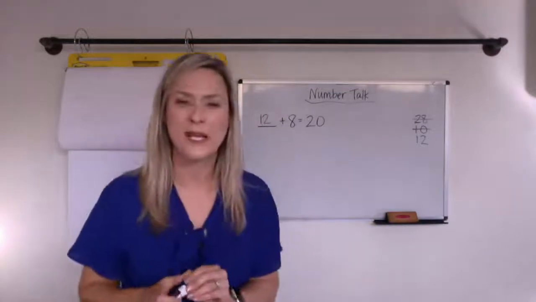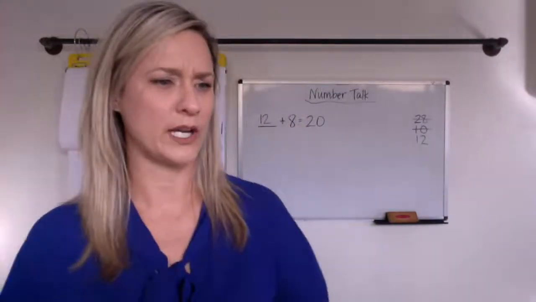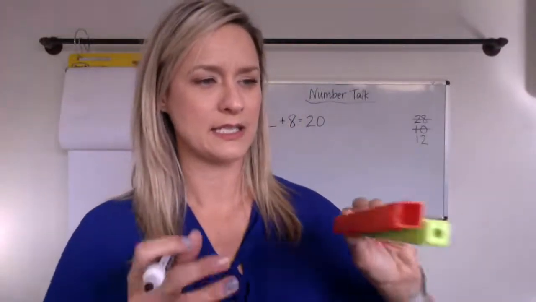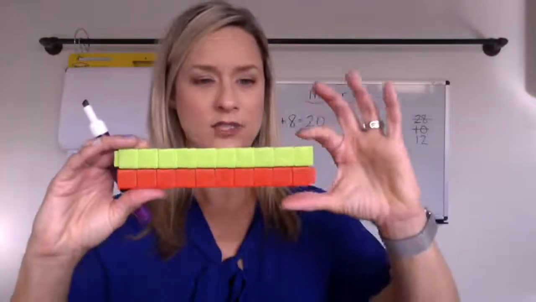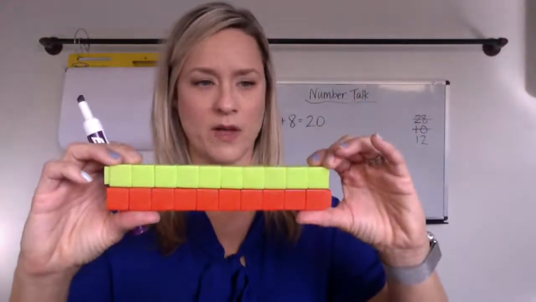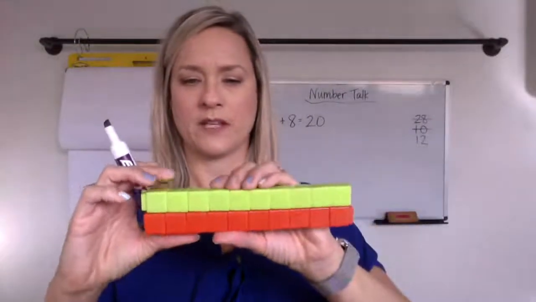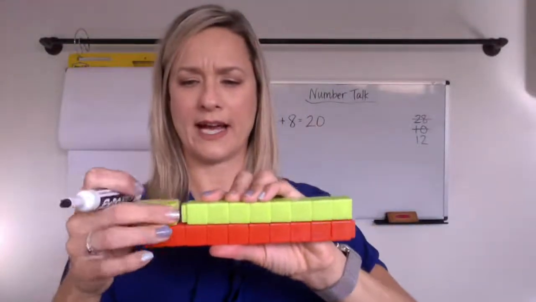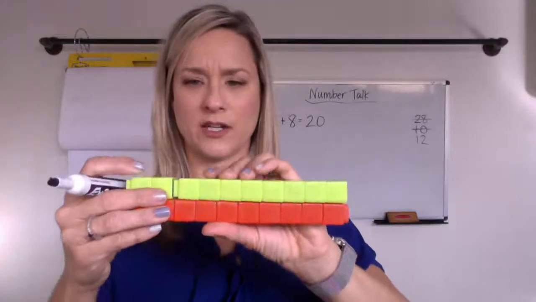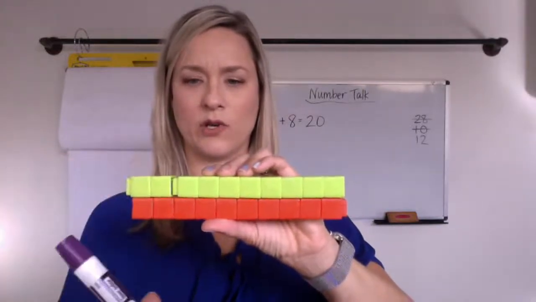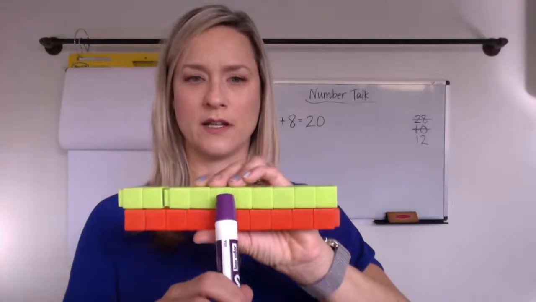Or maybe you thought to yourself, well, I know what 20 looks like in these guys. Or gals, shall I say. So maybe you thought, okay, well, if that's 20, and I know I get to add 8 onto it, there's our 8 right there. There's our 8. Let's count them.